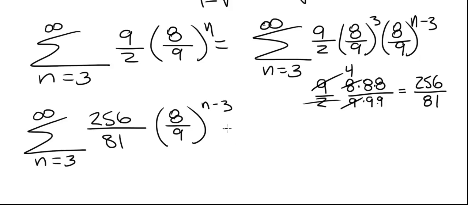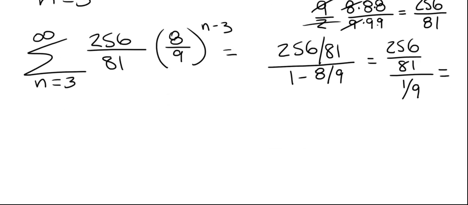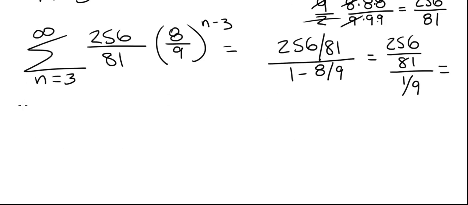And now we can use the formula. Our a is 256 over 81, and that's divided by 1 minus 8 over 9. So this is 256 over 81 divided by 1 over 9, and this is equal to 256 divided by 9, which is the final answer.